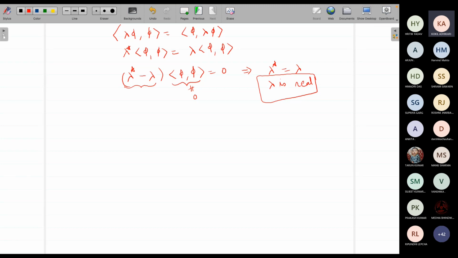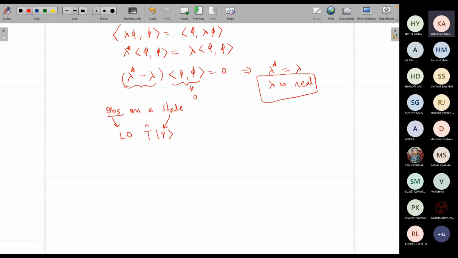Why is it so important? It is so important because you know that in quantum mechanics, whenever I am making an observation on a state, let me just write down observation on a state. I am saying that one of my linear operators is acting on one of my states.